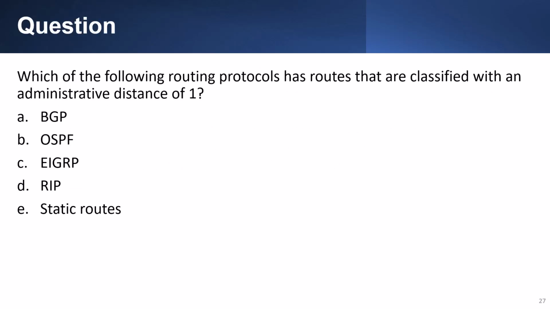Question: which of the following routing protocols has routes that are classified with administrative distance of 1? Answer: static routes.